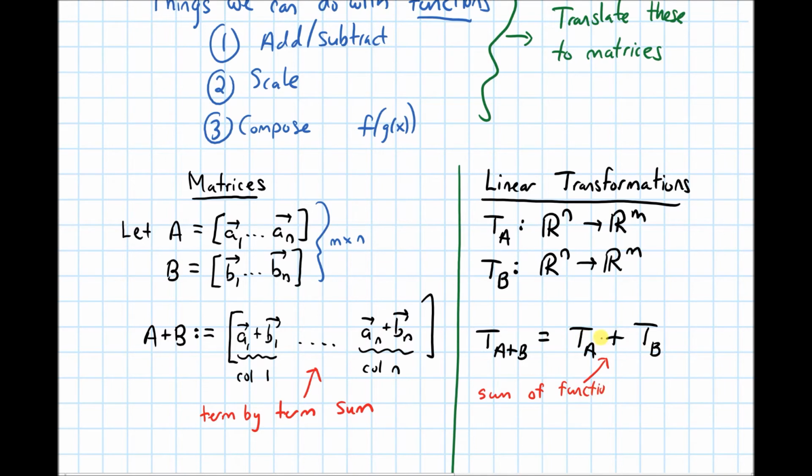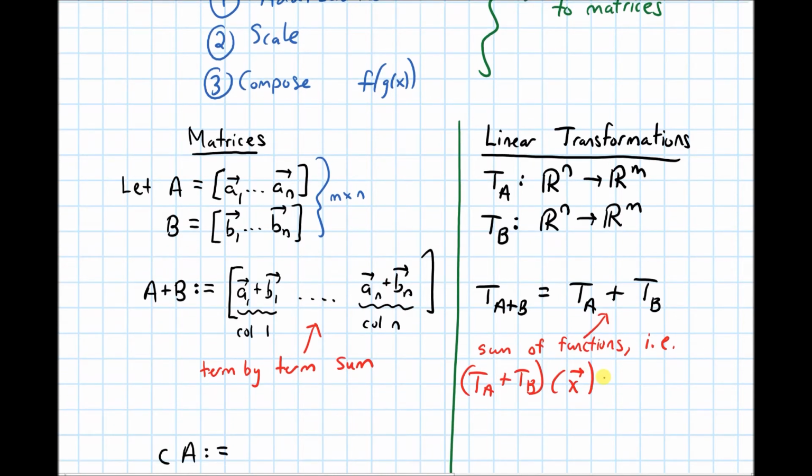T of A and T of B are functions, so when we add them, we're thinking of this as a sum of functions. In other words, if I take these two functions, add them together, and then plug a vector x into that, it equals what we get if you plug x into T of A plus what you get if you plug x into T of B.